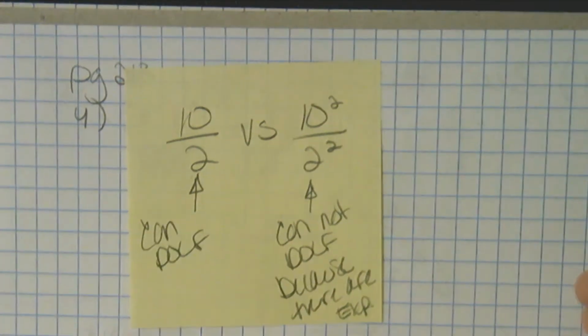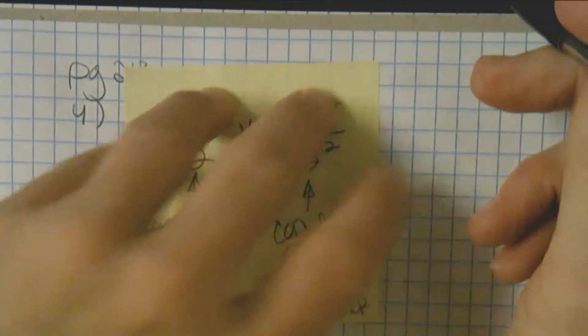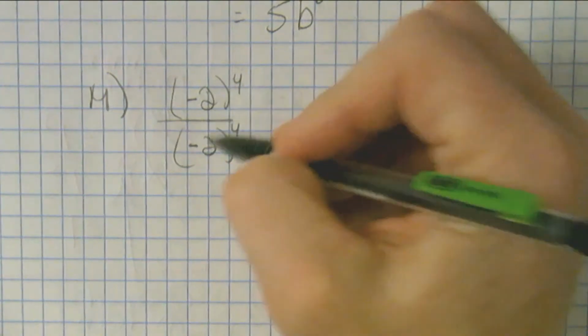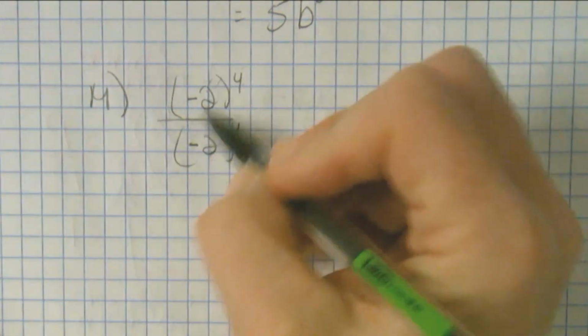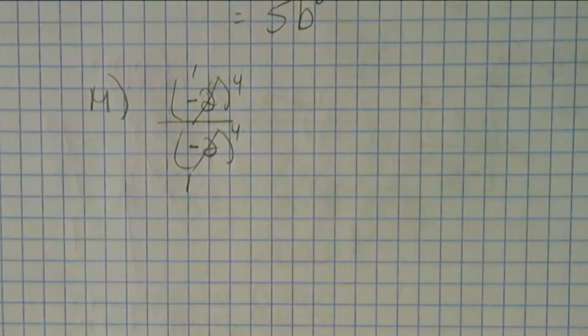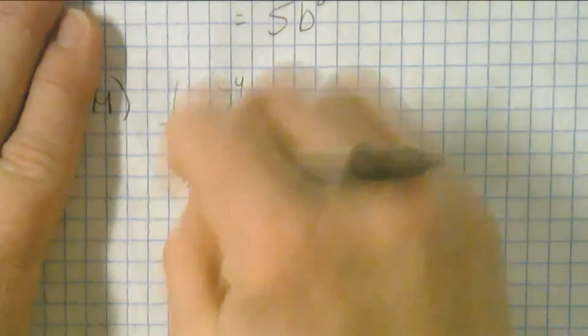You can't, even though they're the same exponent. If we go forward on to this one, even though these are the same exponent, even though these are the same base, you cannot divide out common factors here and be left with 1 to the 4th divided by 1 to the 4th. You cannot do that because they have exponents.